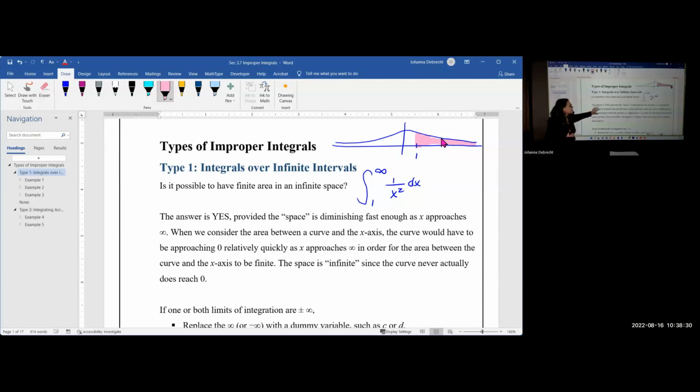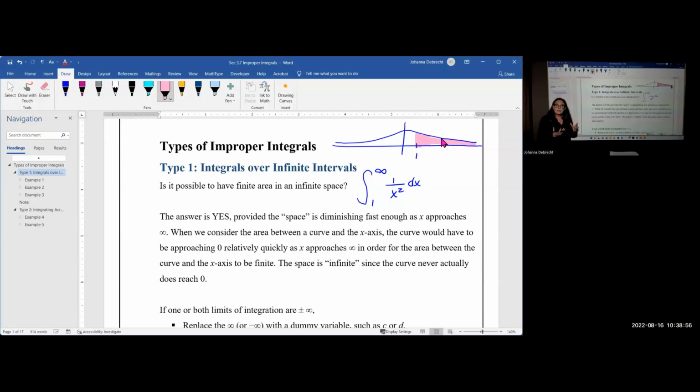So what do we mean by diminishing fast enough? Well, notice that this area between the curve and the x-axis is getting lower and lower and smaller and smaller. It has to get smaller fast enough in order for this to be finite, to add up to a finite number. And again, we can think of this as some kind of Riemann sum on steroids, since it's going out to infinity.